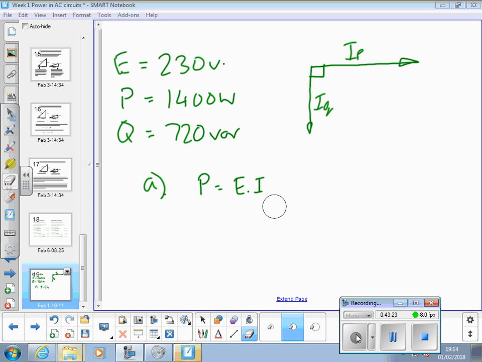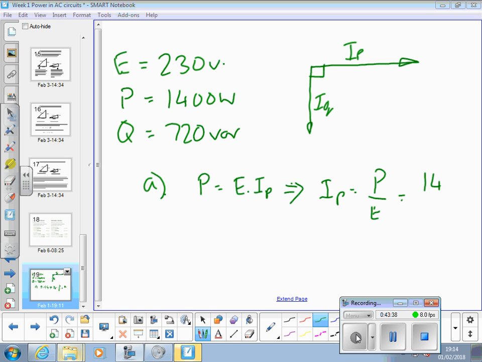IP, sorry, the real in this case. So we can rearrange that to IP is equal to P over E. 1400 over 230 and whatever that equals. Is that what it says on my piece of paper? Yeah?